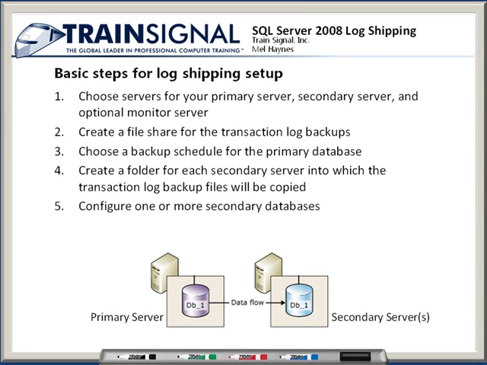That's fine so long as they have multiple databases. And actually I have on here secondary servers. It's really secondary databases on a secondary server. You could have multiple secondary servers, so there's lots of different configurations, but really for point number 5 specifically, I'm saying configure one or more secondary databases on your server. Sixth, once again, that optional monitor server, if you choose to have one, go ahead and configure that.